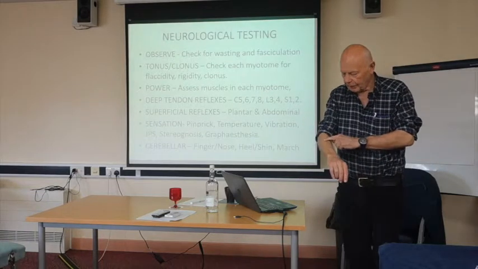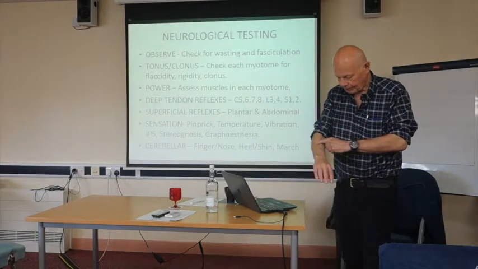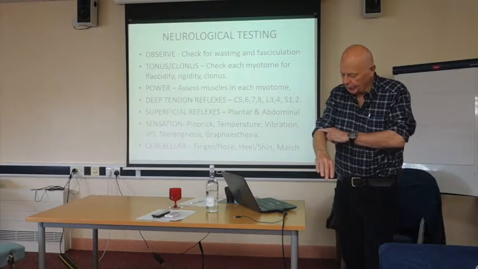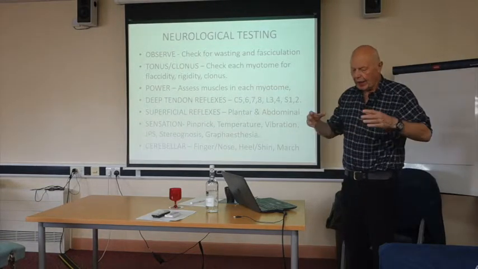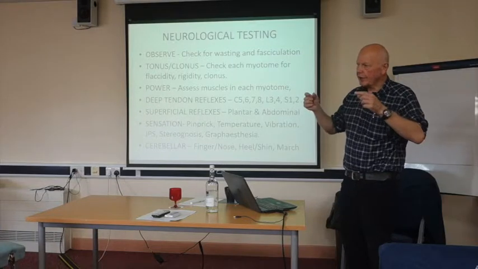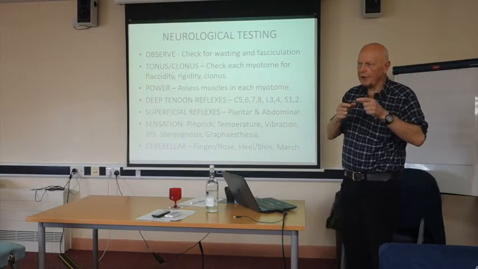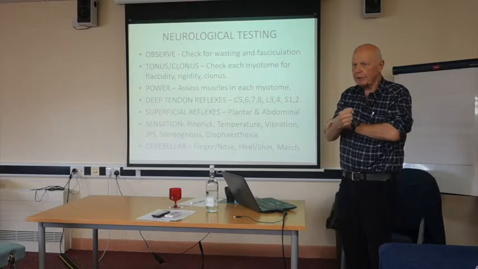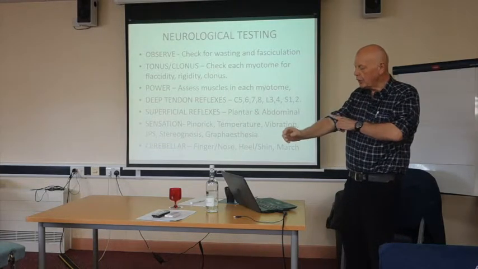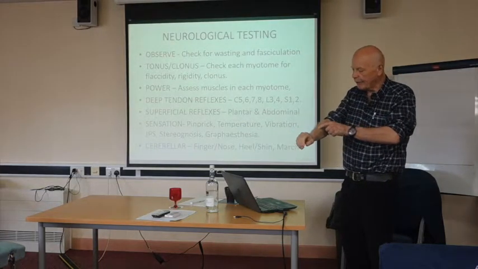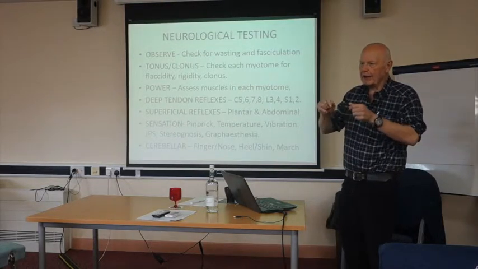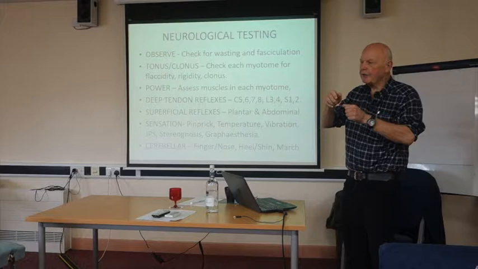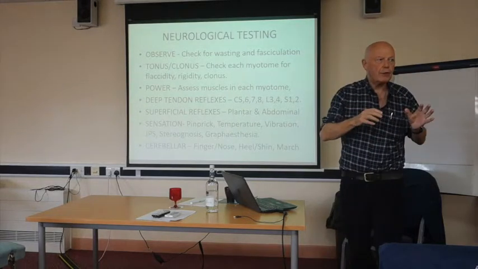When a muscle normally contracts, you get the coordinated contraction of a load of different muscle fibres all together, which gives you the muscle contraction. If you lose that control, what can happen is that individual fibres can get locally irritated and can fire off individually without being coordinated.